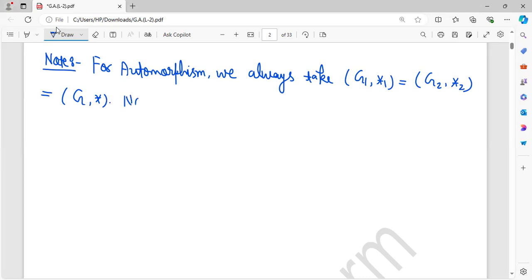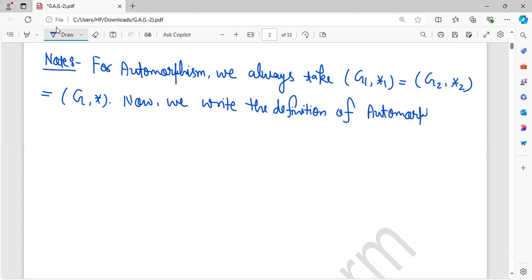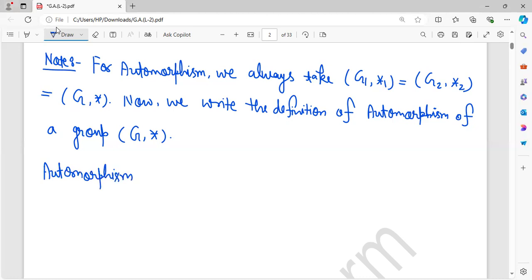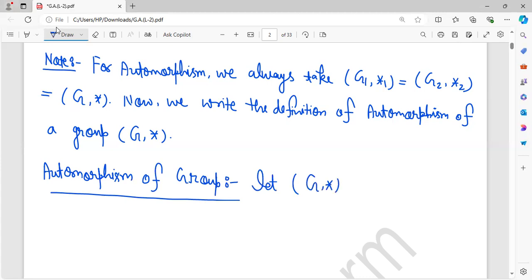Now we write the definition of automorphism of a group G. Let G star be a group.